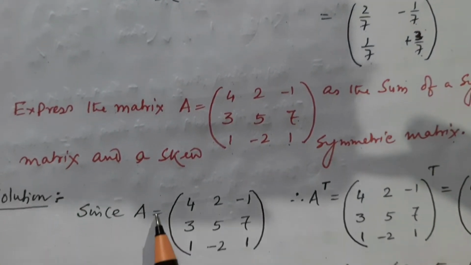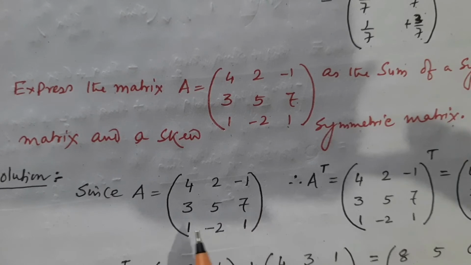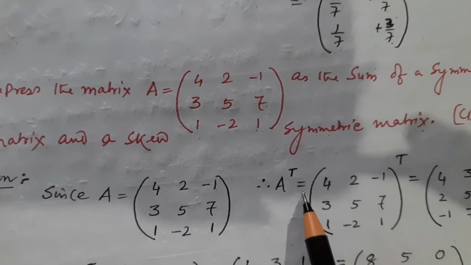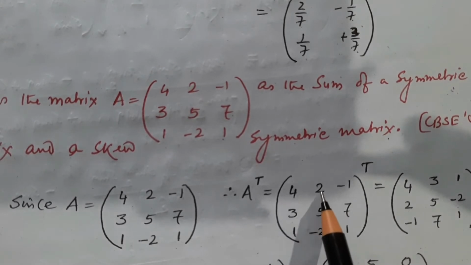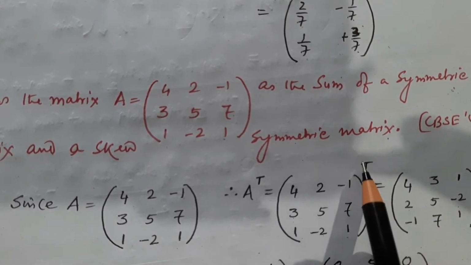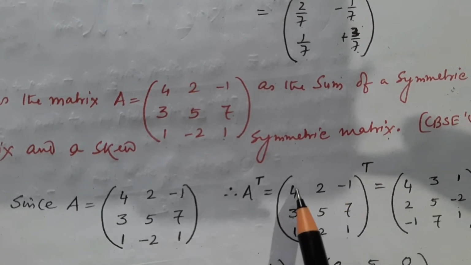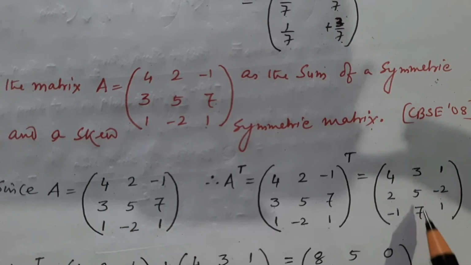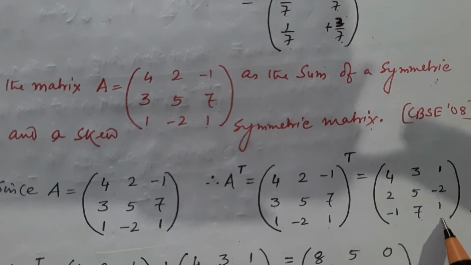Since A equals [4 2 minus 1; 3 5 7; 1 minus 2 1], therefore A transpose equals a whole transpose of this matrix. Therefore we interchange rows into columns.